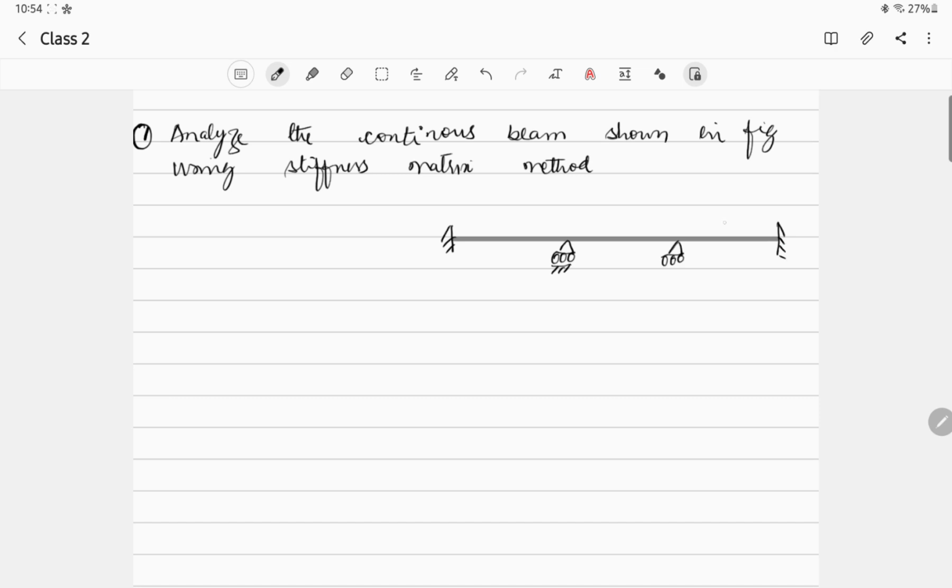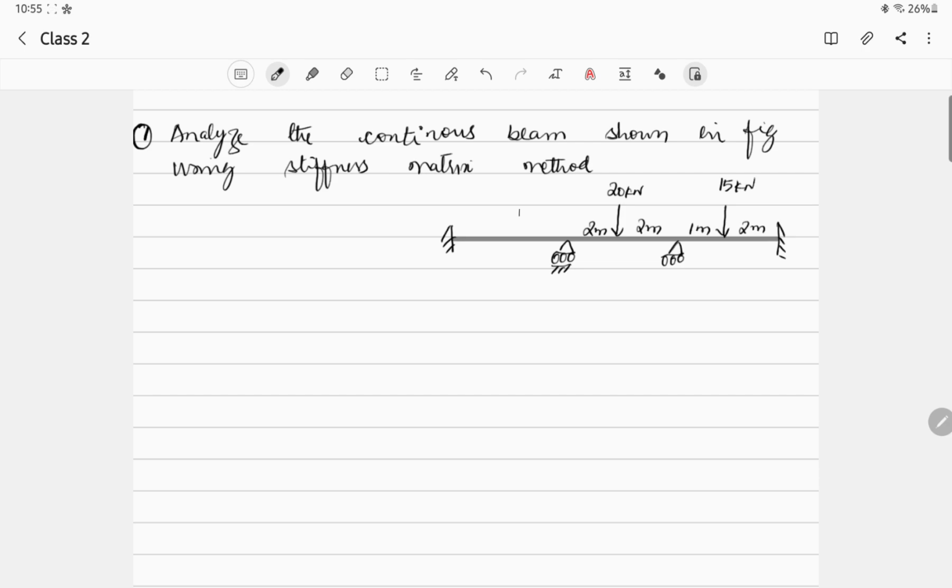Okay, so here we have one point load of magnitude 15 kilonewton, which is at a distance of 2 meter and 1 meter. It is not at the center, it is 2 meter and 1 meter. Similarly, we have one more point load of magnitude 20 kilonewton, at a distance of 2 meter and 2 meter.